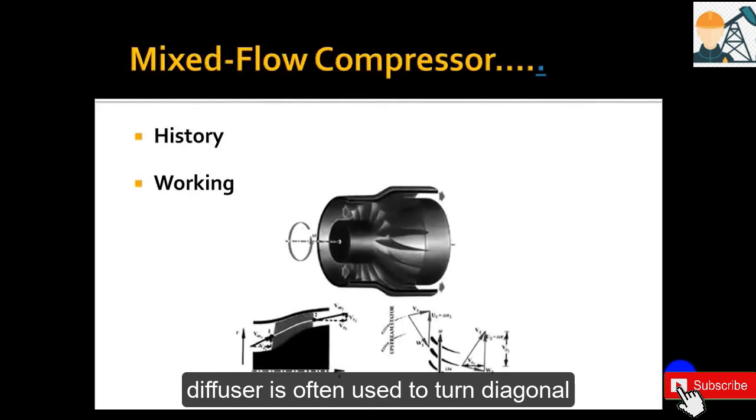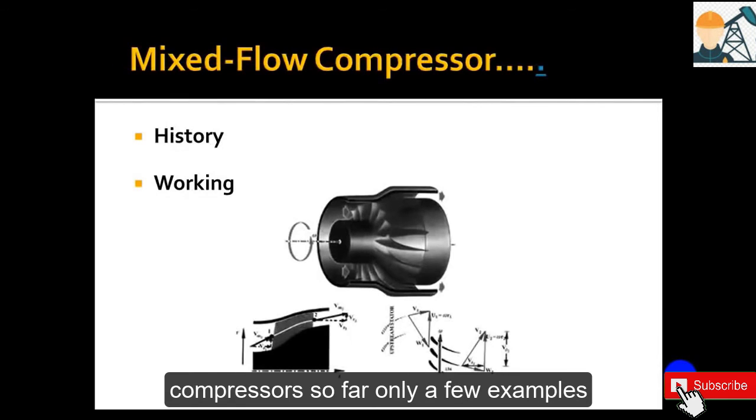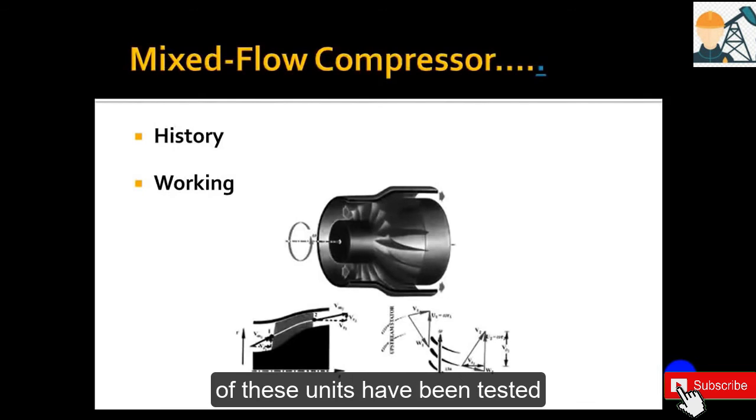The diffuser is often used to turn diagonal flow to an axial rather than radial direction. The impeller can be machined from solid using NC machines, in much the same way as that of centrifugal compressors. So far, only a few examples of these units have been tested worldwide.